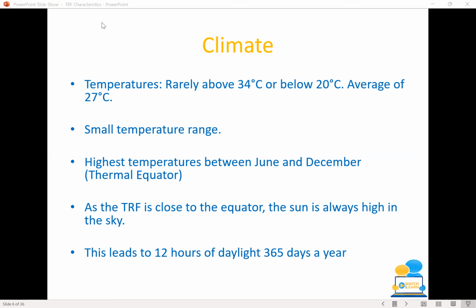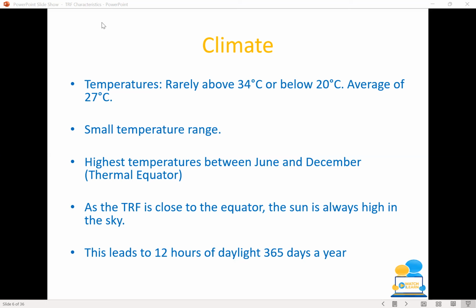Because it's on the equator, there are 12 hours of daylight all throughout the year, every single day, 365 days a year. So 12 hours of sunlight every single day is again highly beneficial for the growing of plants and trees, and is why we see a huge amount of growth within this area.